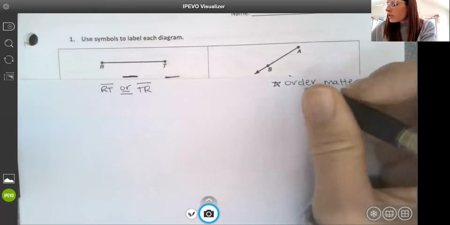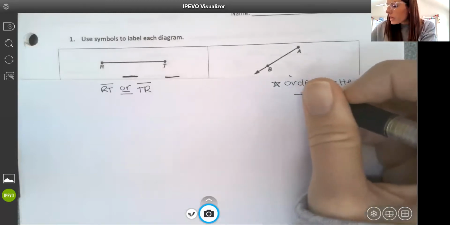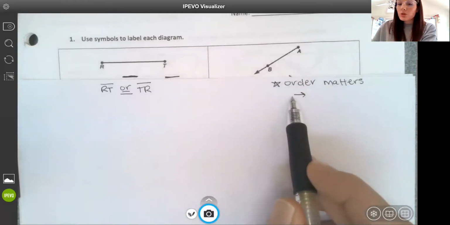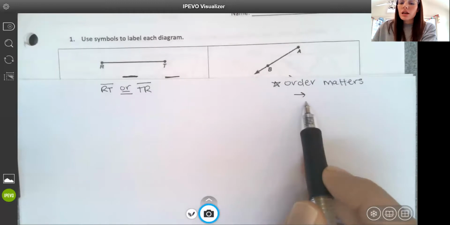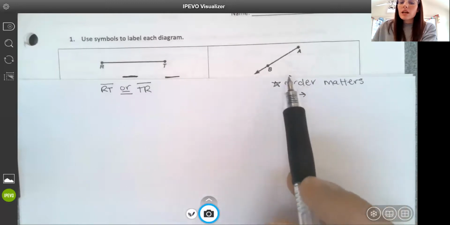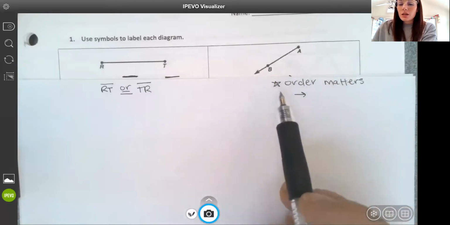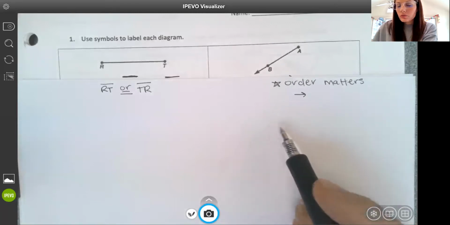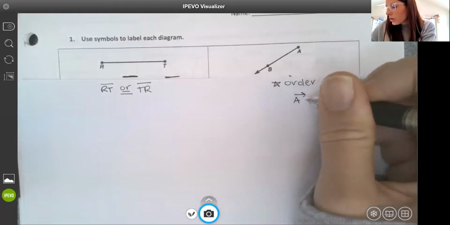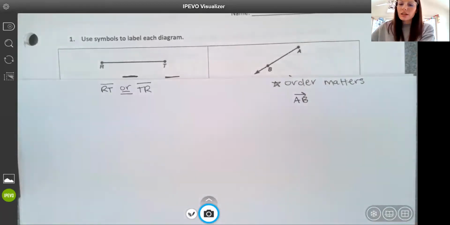My ray notation goes endpoint to arrow, so the way my letters go has to match that. So am I going to call this ray BA or ray AB? AB, yeah, I have to go endpoint to arrow the way that I label it.